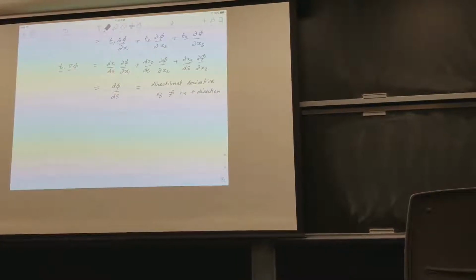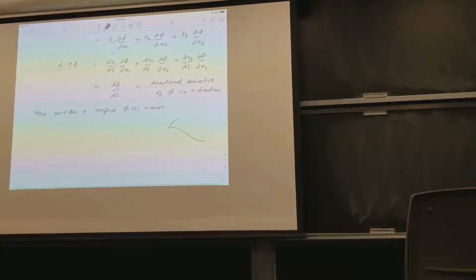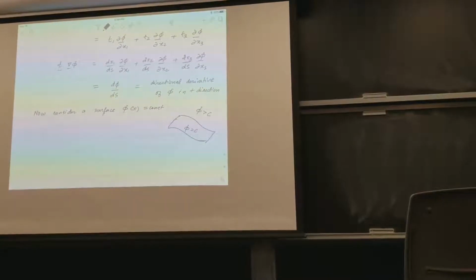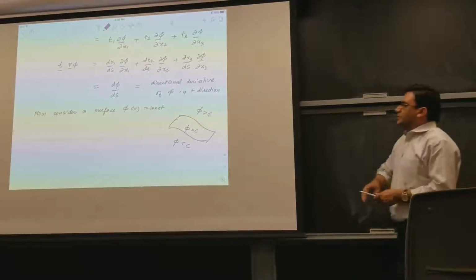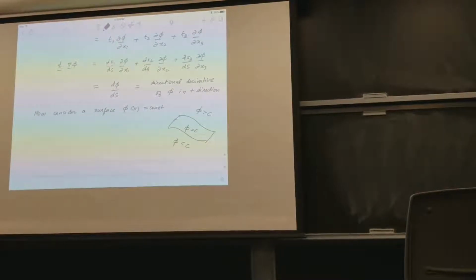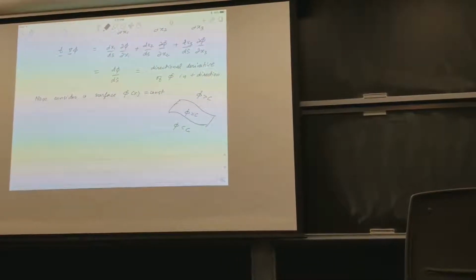So now consider a surface phi(x) equal to a constant. So I can think of maybe a surface that has the same temperature, and away from this surface the value is different. So this could be an extended area with the same value of the scalar.